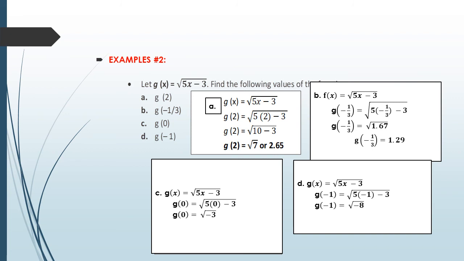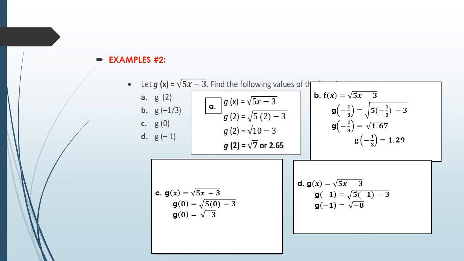So, g of negative 1/3 is equal to square root of 5 times negative 1/3 minus 3. So, kung mapapansin nyo po, ang inuna po ni ma'am na isolve ay yung nasa loob po ng square root. So, g of negative 1/3 is equal to square root of 1.67. So, the final answer in letter B ay 1.29.